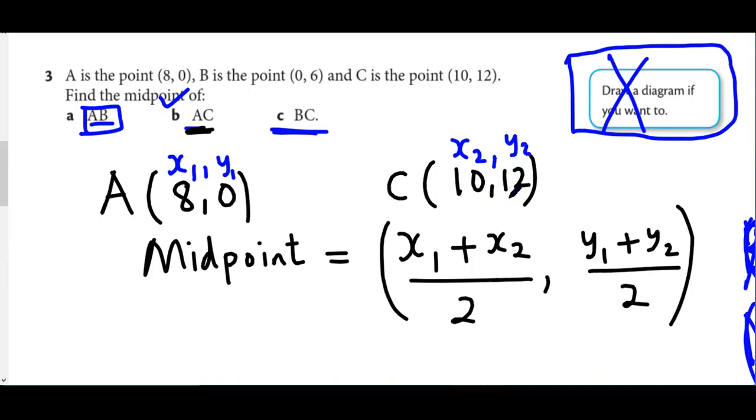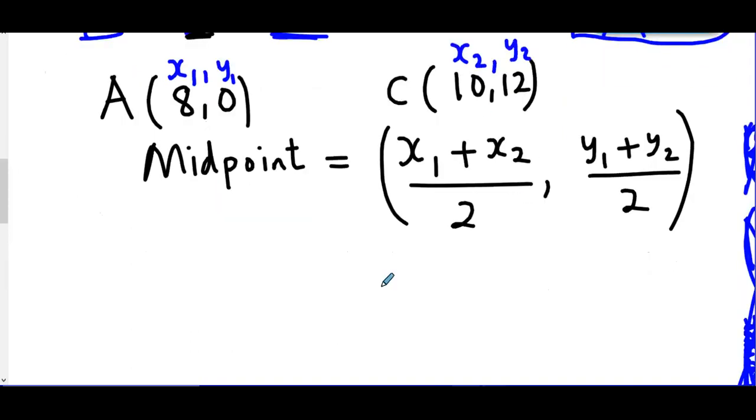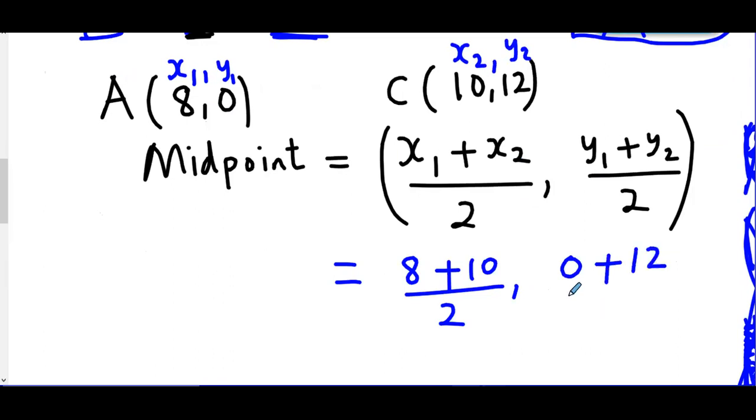Now you already know what is your x1, x2, y1, y2. So you go ahead, putting the numbers here. My x1 is 8, plus my x2 is 10. The answer you get, you'll be dividing by 2. y1 is 0 plus y2 is 12. The answer you get, divide by 2.